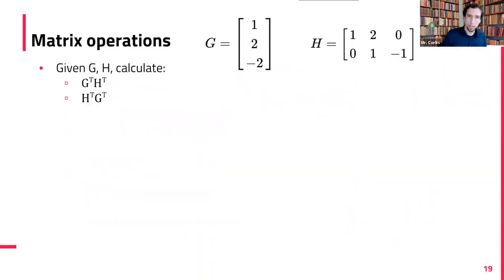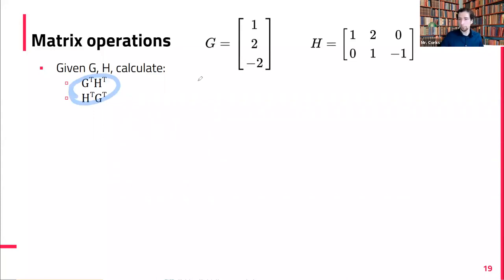All right, let's try some practice questions here. There we go. So I have matrix G and H here, and I want to do G transpose times H transpose, and then also H transpose times G transpose.